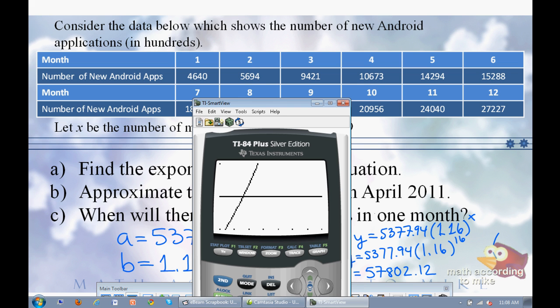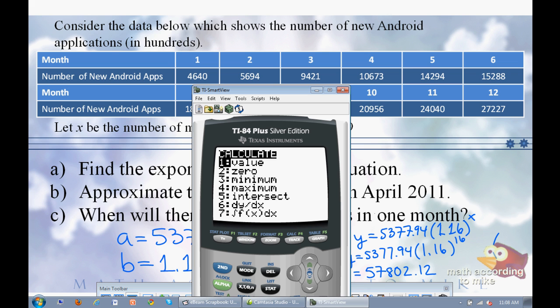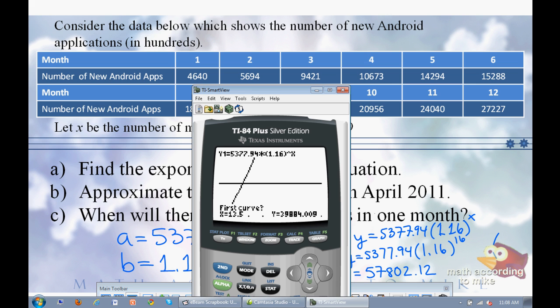To find the point of intersection, we do 3 things. We go to second, calc, and notice number 5 there is intersect. Second, calc, and then intersect. The calculator asks for 3 things: first curve, second curve, and guess. You may have a cursor on your screen.